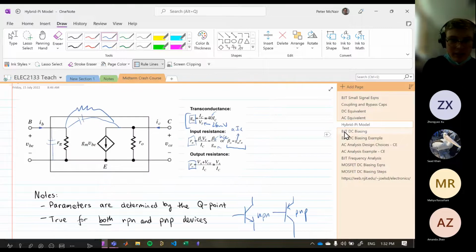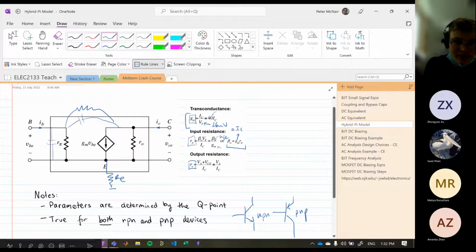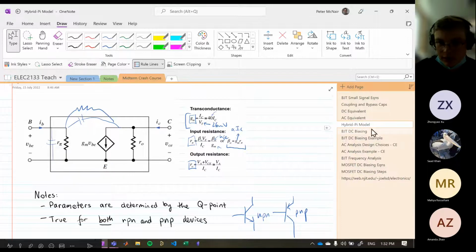If we have a look at our hybrid pi, if we had a resistor down here, RE to ground, then we can't get rid of this node. Whereas if RE gets shorted to ground, we can ground both of them and we don't have this annoying wire in the way. But you can do analysis with both. It doesn't really affect it.